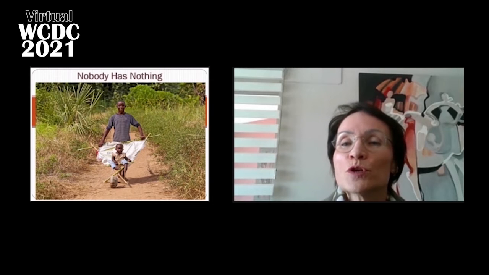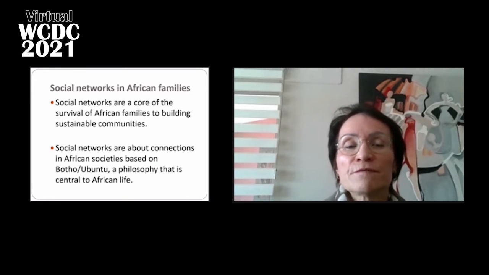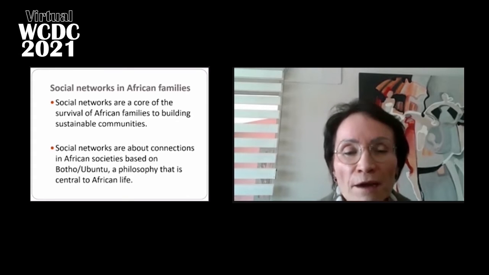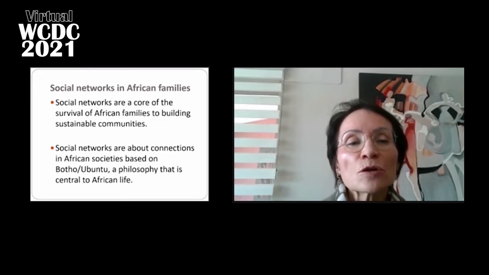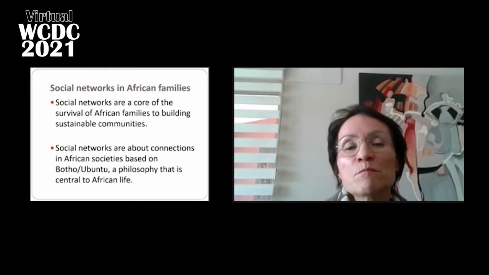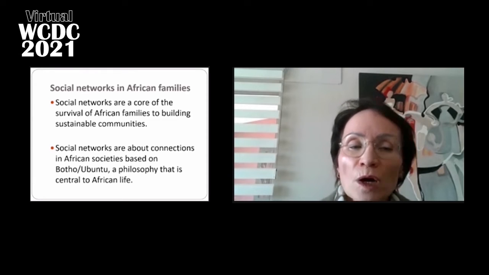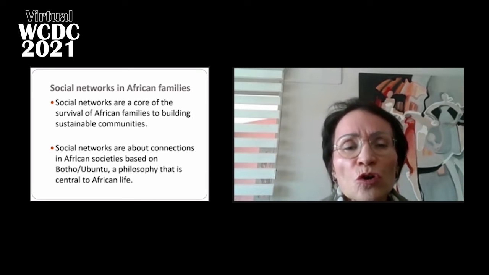When we think of African families, and I'm from Africa, from South Africa, social networks are a core of the survival of African families and of building sustainable communities. Even in the apartheid years, there was still a very strong connection.